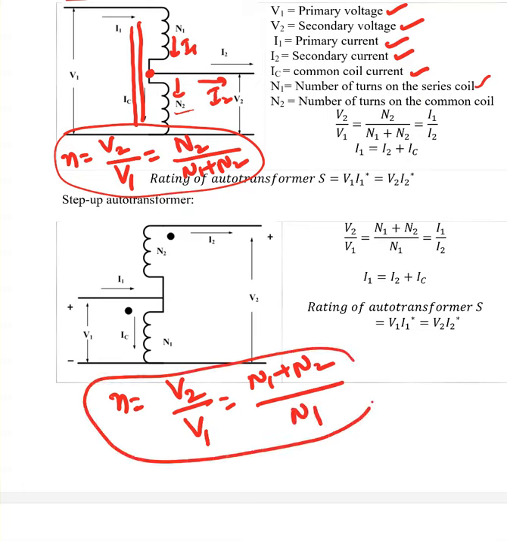This is the transformer ratio. Same thing here also: I1 is going to split, I2 is going up, and I see the common current is going down. So I1 equals I2 plus IC. And the rating of the auto transformer is V1 times I1, V2 times I2.